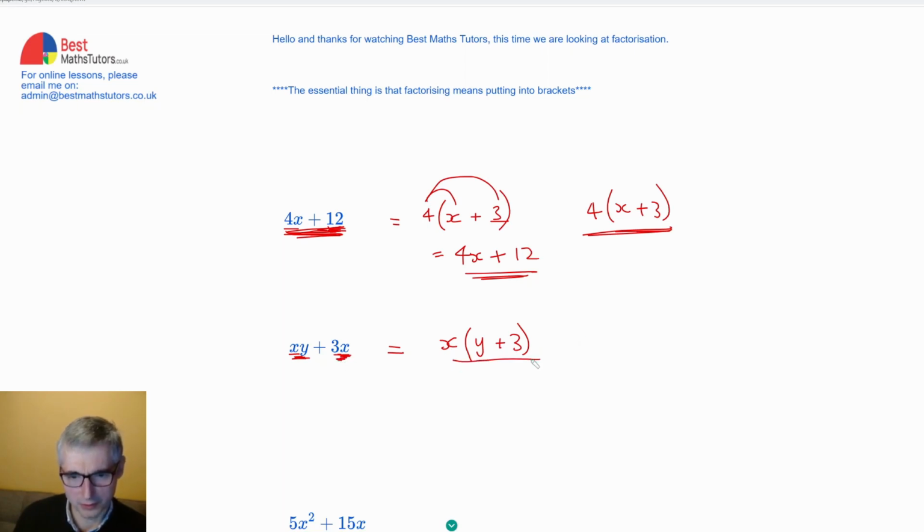So that's our final answer there. And if we did want to check that again, we could just multiply that out, and we can see that x times y gives us xy, and x times 3 is plus 3x. So we did get back to where we started. So that was the correct factorisation.